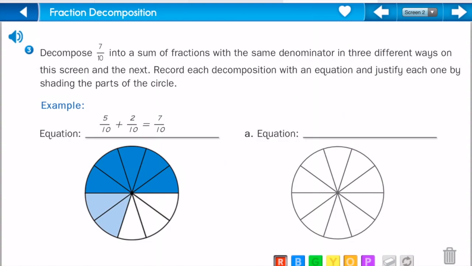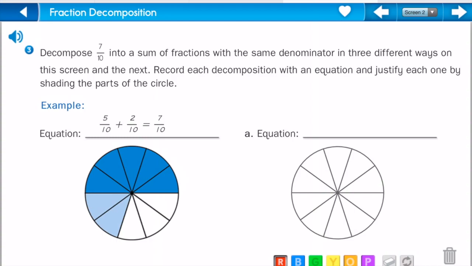All right, so what we're going to do here is decompose 7/10 into a sum of fractions with the same denominator in 3 different ways on this screen and the next. Record each decomposition with an equation and justify each one by shading parts of the circle. The equation we have here is 5/10 plus 2/10 equals 7/10.